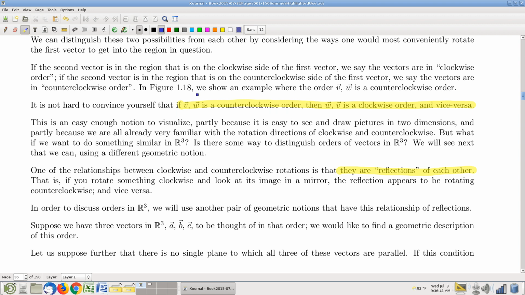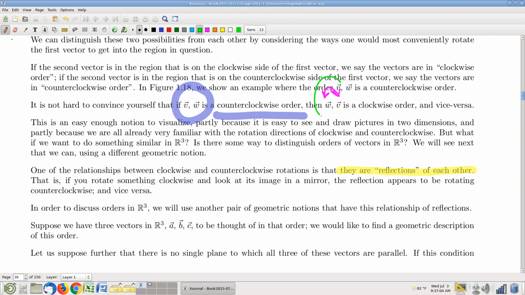If you have a listing that is in counterclockwise order, then if you switch the order that you write them down, switch V with W, right? Then the result, oops, I wanted to be in the highlighter mode.